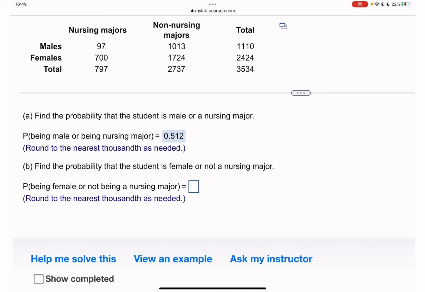And we need to subtract the duplicate, female and not nursing major. It's going to be 17 24. That is non-nursing major and female. Minus 17 24 out of 34.